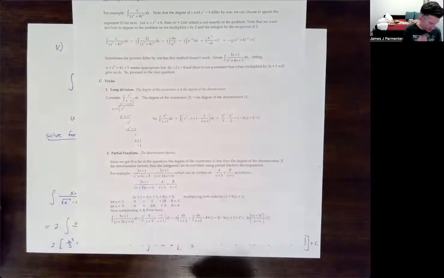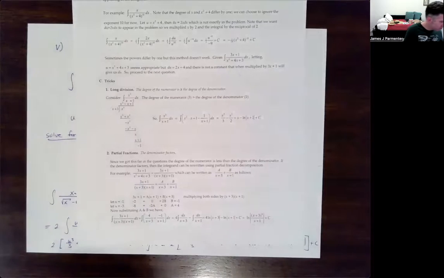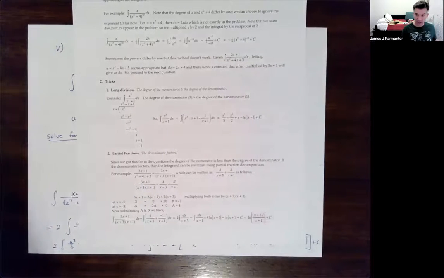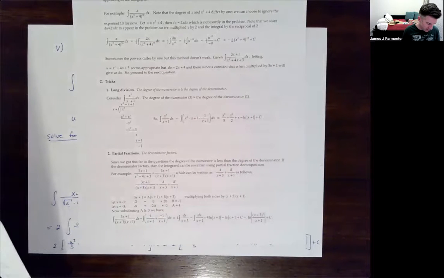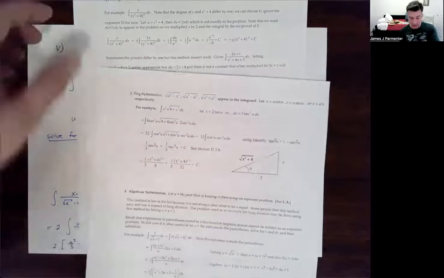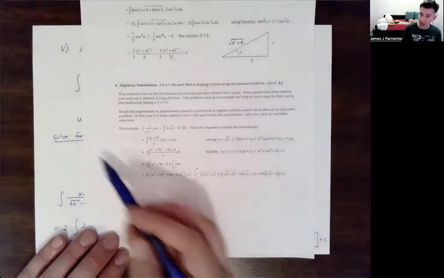Partial fractions. And then we slipped in the 1 over x squared plus 1 stuff and the back substitution, which we already kind of talked about a little bit. And then finally, we didn't talk about trig substitution because that's not a thing we do in the 17 series, but we did talk about algebraic substitution, which is what we were doing here.